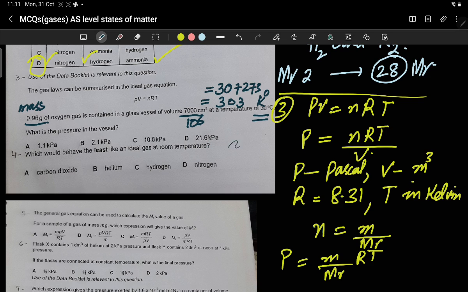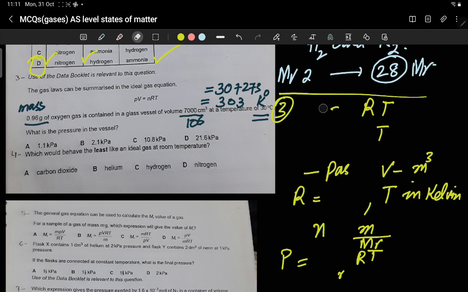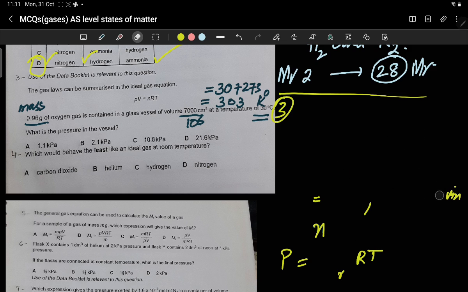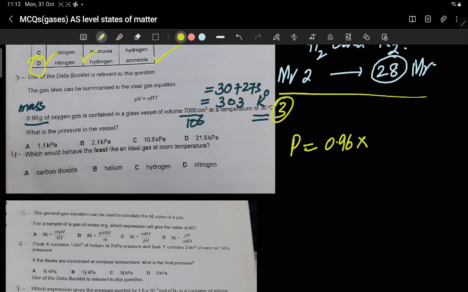We can calculate this question like this: P is equal to 0.96 gram.